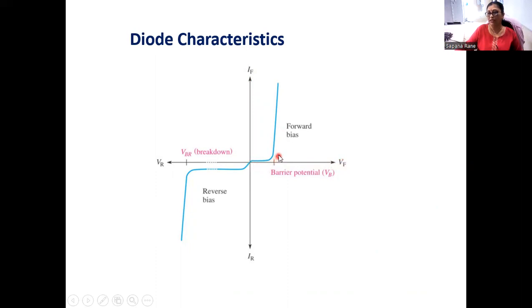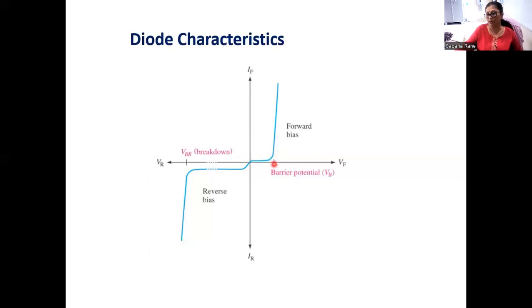Now, many things you can observe from this forward characteristic. Initially, the current flowing through the diode is very, very small and it suddenly increases when the applied voltage exceeds the barrier potential and there is a steep increase in the forward current of the diode. So in this region, the diode is going to act as an on switch.